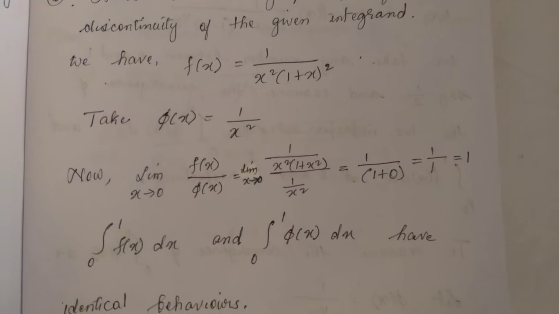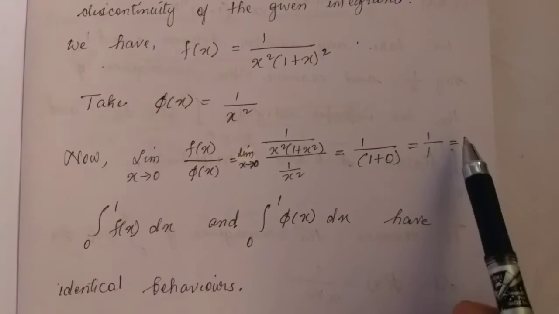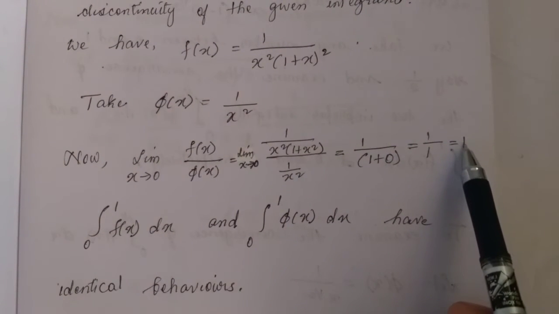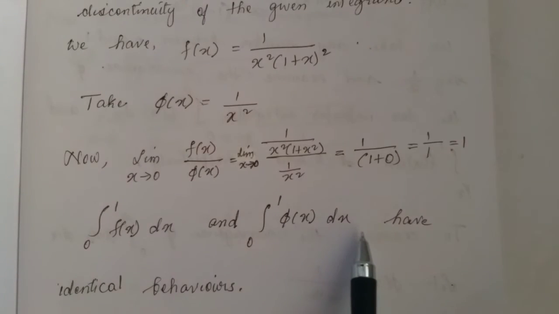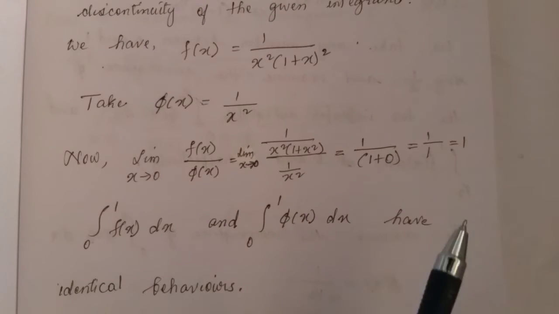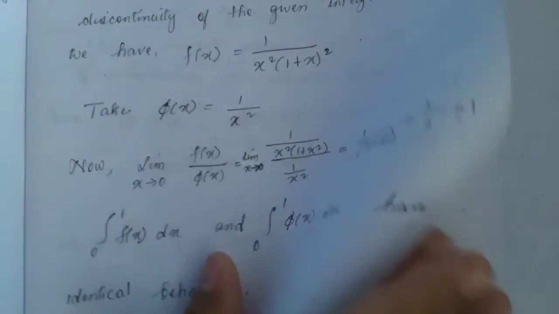Therefore, since you get a finite value here, it means that these two integrals, f of x and phi of x, have the same behavior or identical behaviors. It means that if one of them is convergent, the other one is also convergent, or if one of them is divergent, then the other one is also divergent.